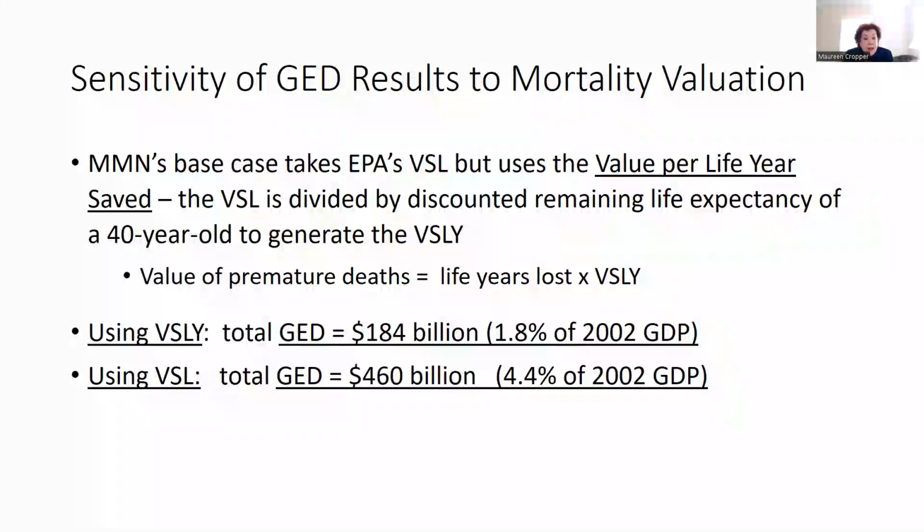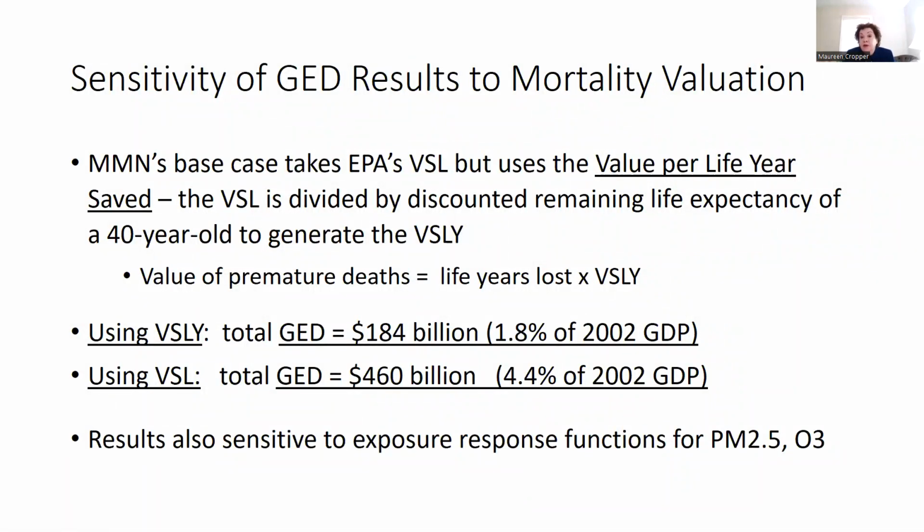So it definitely matters how you value mortality. And it also matters what dose response functions, what exposure response functions you use to relate premature mortality to fine particles and ozone.